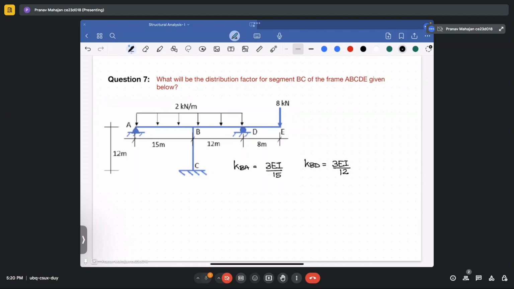Then KBC. That will be 4EI divided by 12.